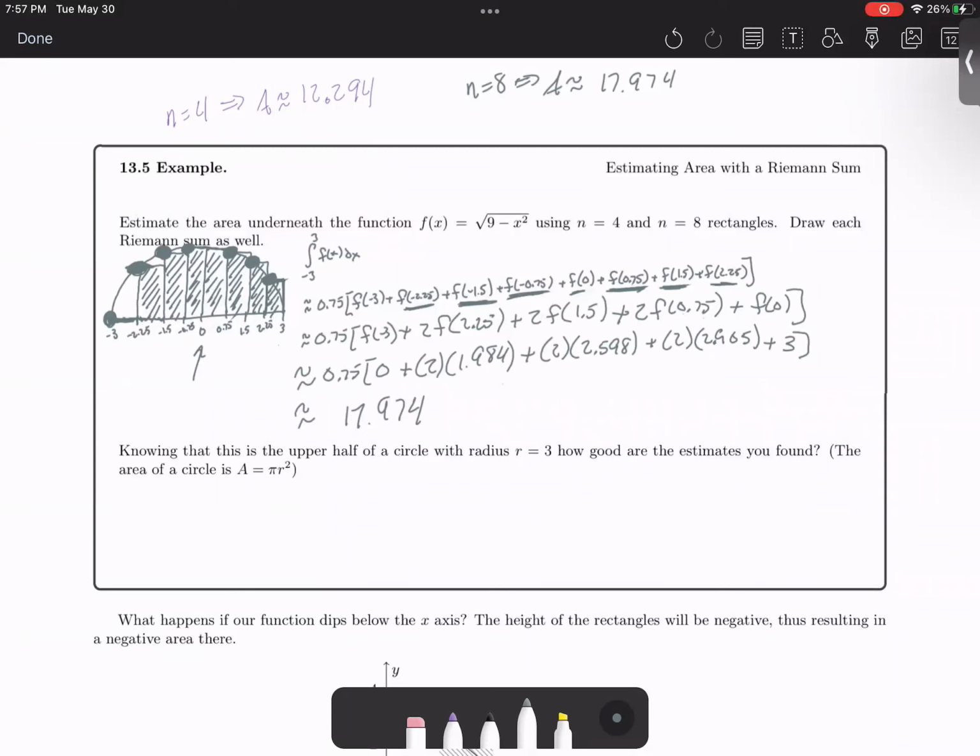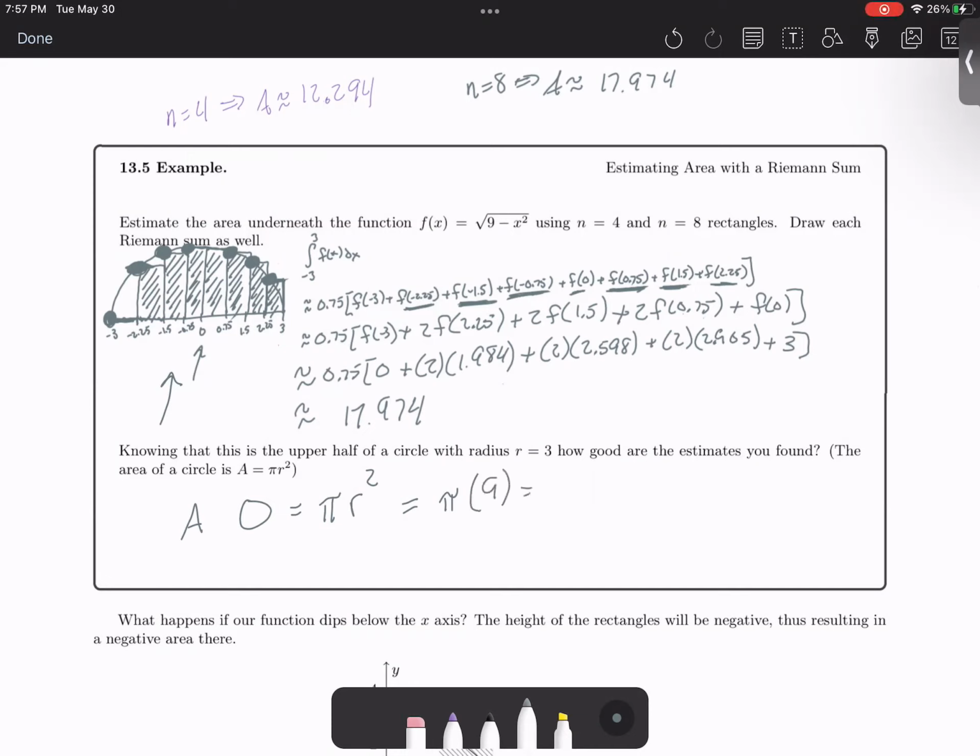All right, let's think about the second part. Knowing that this is the upper half of a circle with radius 3, how good is the estimate? Well, here we don't actually need calculus. We don't need to approximate the area using rectangles, because we know that the area of a circle is equal to pi r squared. So our actual area, no longer an approximation, this is exact, is pi times our radius was 3.